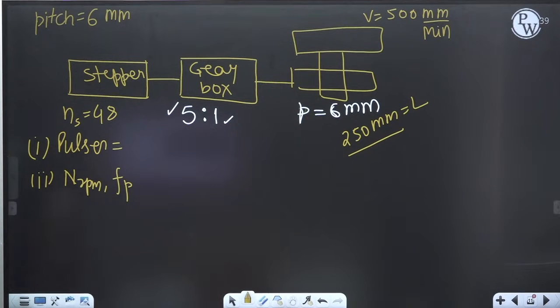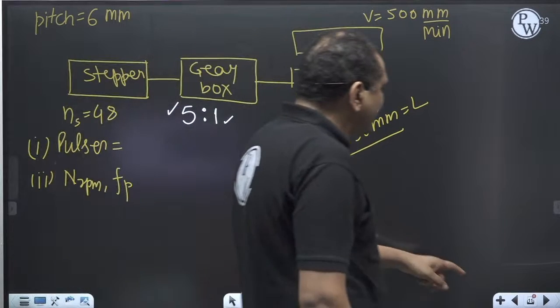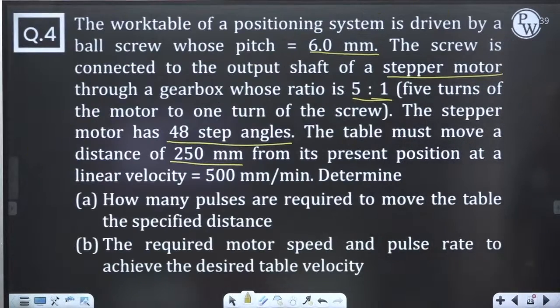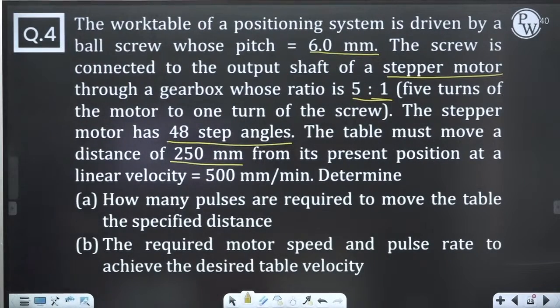But I think Rohit's answer is not correct actually. Others, what are they thinking? If you want to see the problem, I have written the data here. Problem is here.